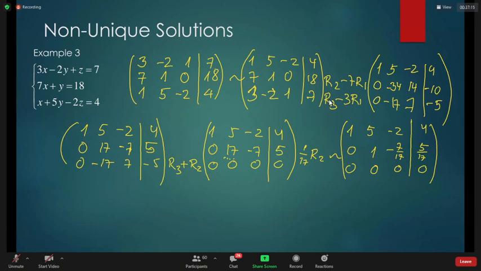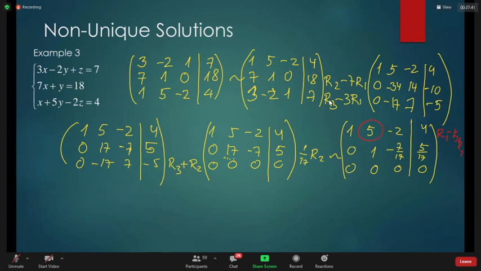So now my aim is to get the reduced row echelon form. In the reduced row echelon form, I need a 0 here. I need this 0. So I am now multiplying the second row by minus 5 and adding it to the first row. So I will have row 1 minus 5 row 2.